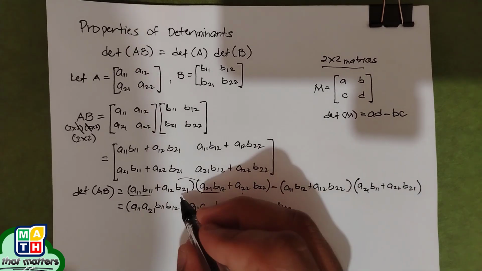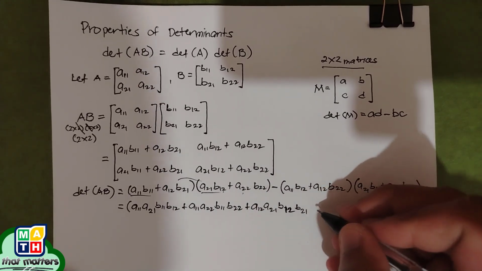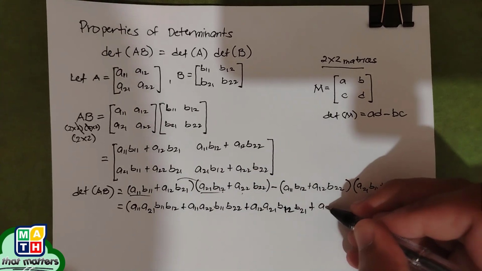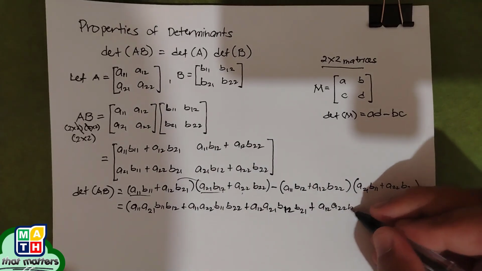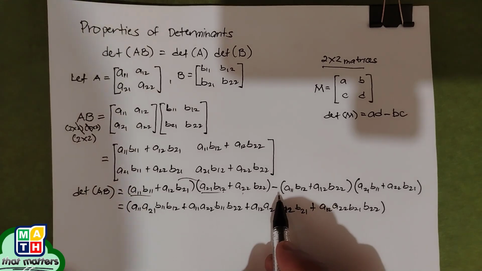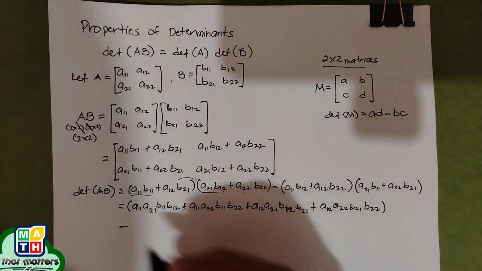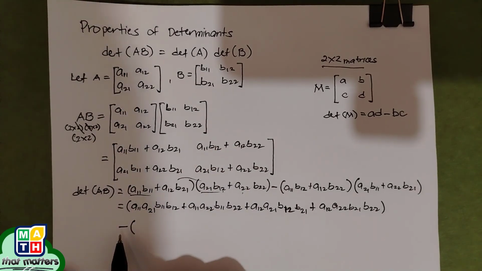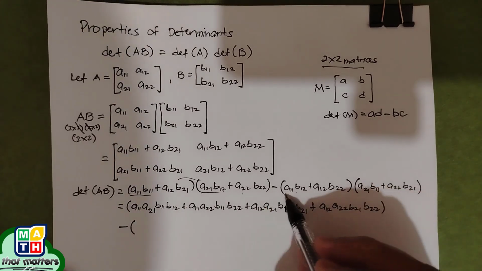Let's arrange it with its order, B21. Plus, let's have the last, A12 A22 B21 B22. This is just for this portion, okay? Minus, now let's have this one in here. So let's have a grouping so that the negative will be applied to all later. So this and that, these two first.